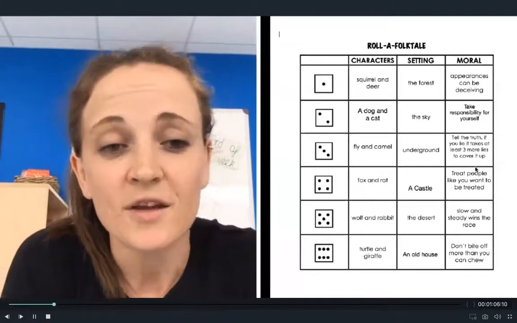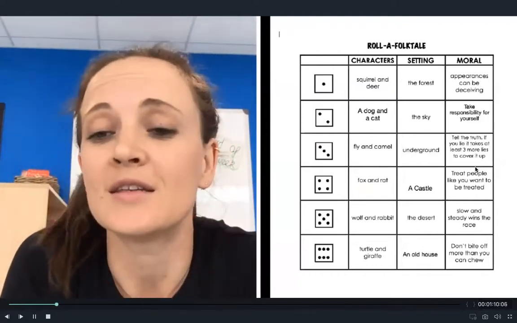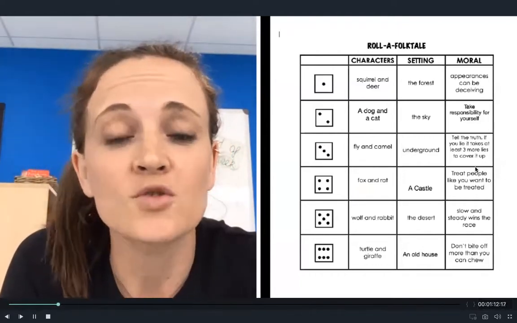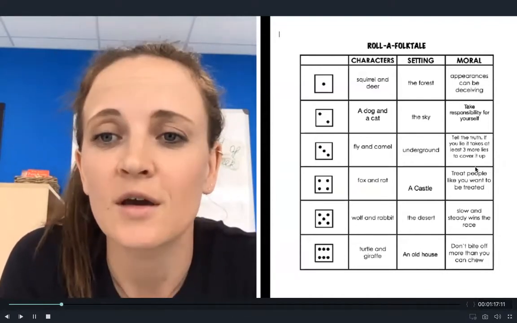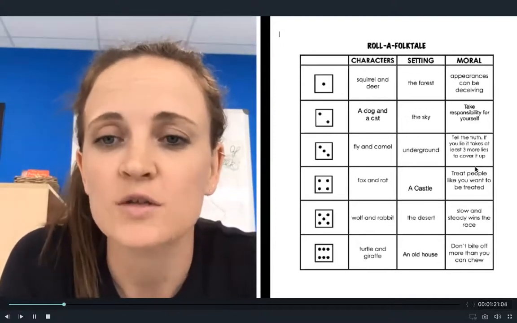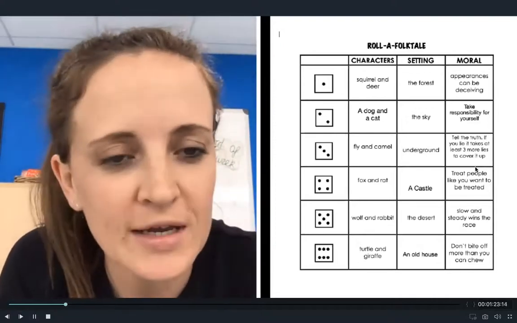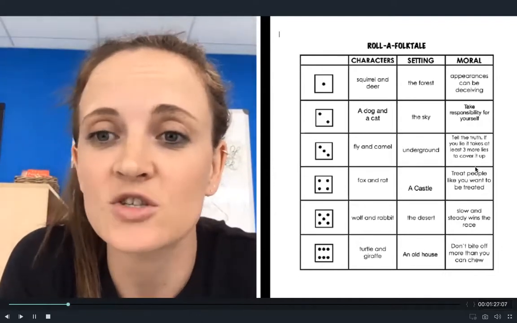Now that you've got what I've asked you to go and get, what you're going to do now is the following. You are going to roll your dice and then you are going to choose a character, or you will get the character that you have rolled. So for example, if I roll a number 2, the characters of my story need to be a dog and a cat.